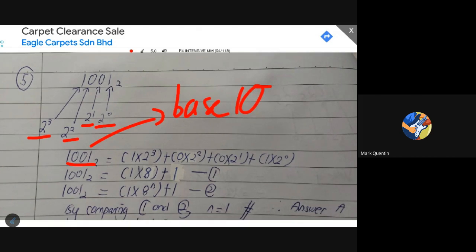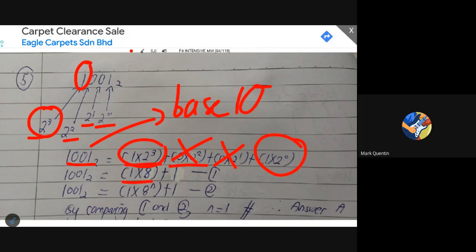So you convert one by one. 1 times 2 power 3. You can see over here. 1 times 2 power 3. Actually, this one no need to write lah. 0 times 2 square and 0 times 2 1. Sebab nilai dia masih kosong. But the n1 you can write lah. 1 darab dengan 2 kuasa kosong. Okay, so when you simplify this, you will get this. Because 2 power 3 is 8.